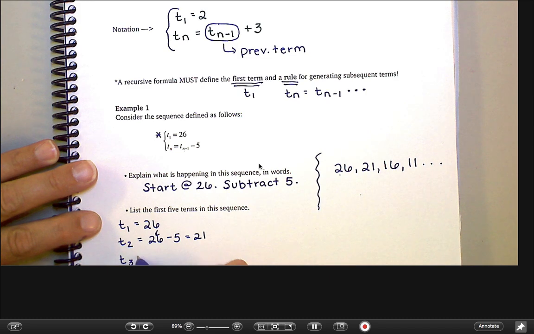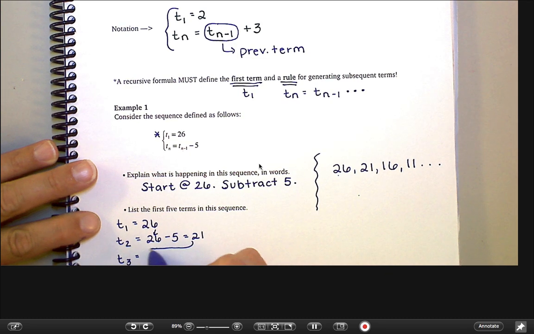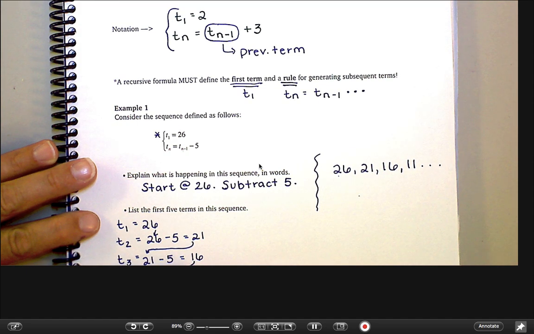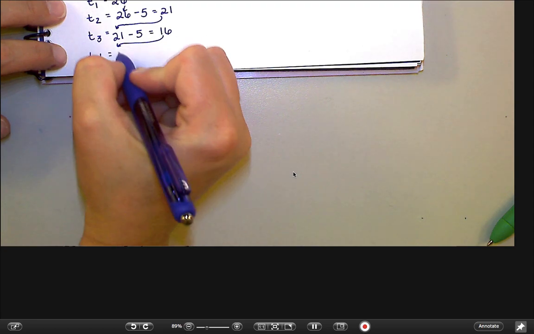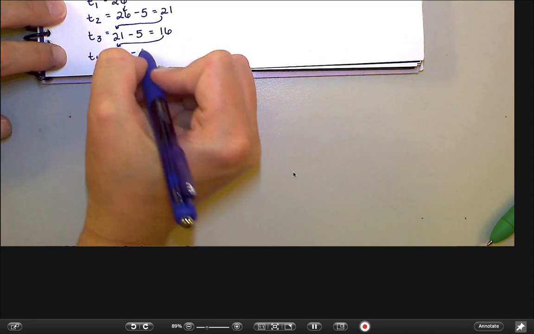Term 3, I'm going to take that 21 and subtract 5, and I get 16. Term 4, okay, oh, and you can't follow me because you can't see what I'm doing. Sorry about that. Okay, term 4, I'm going to take 16 and subtract 5, and I get 11.